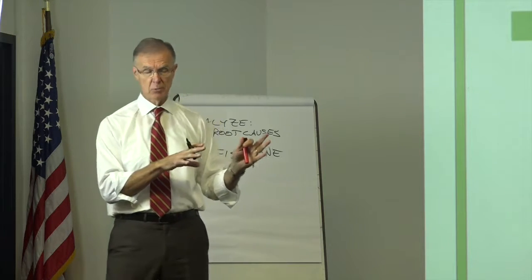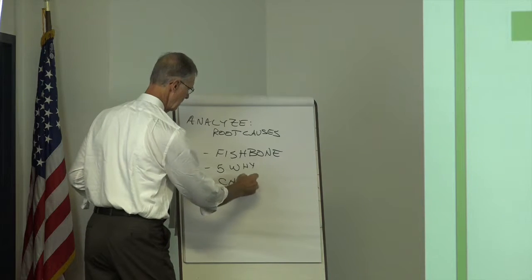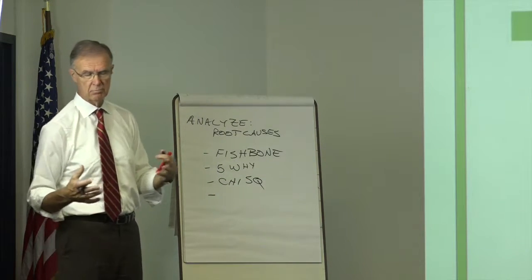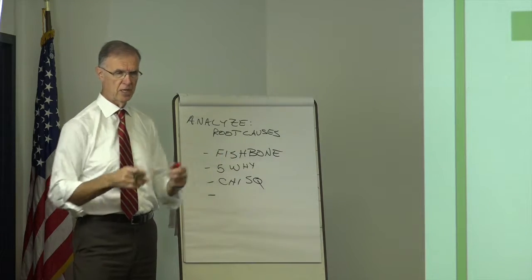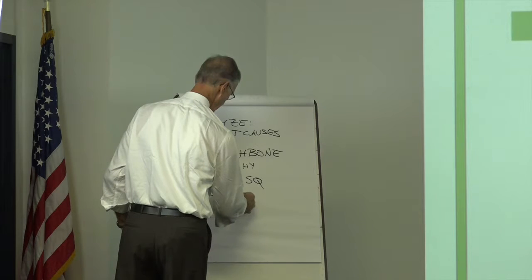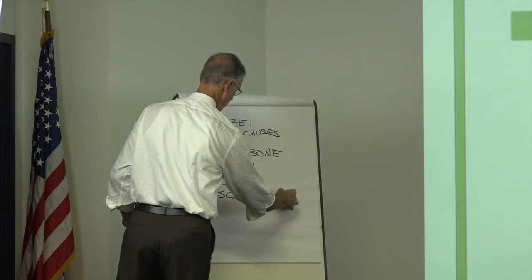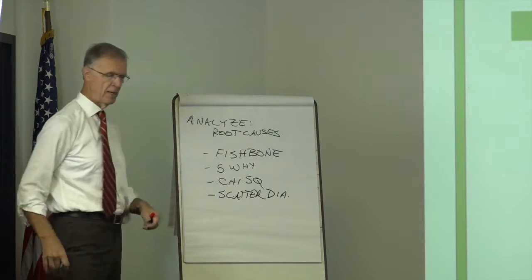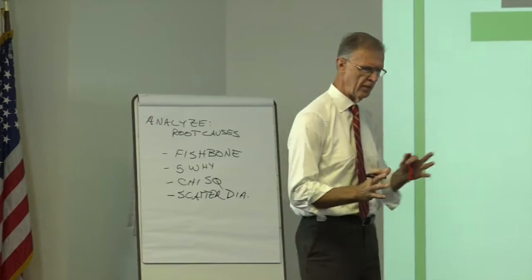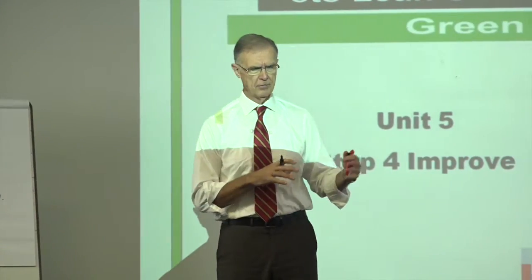Okay, one is the chi-square test. What's another tool we might consider to get to root causes? Scatter diagram. Okay, so there are many tools in the toolbox, but these 2 are very common and are used quite frequently.